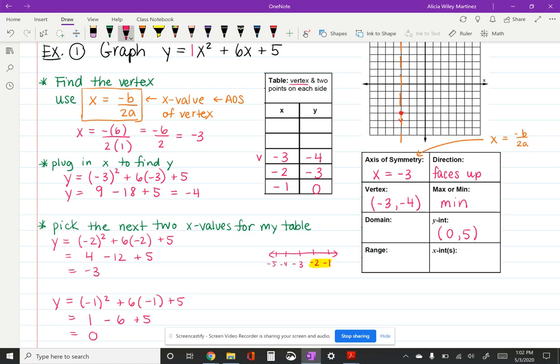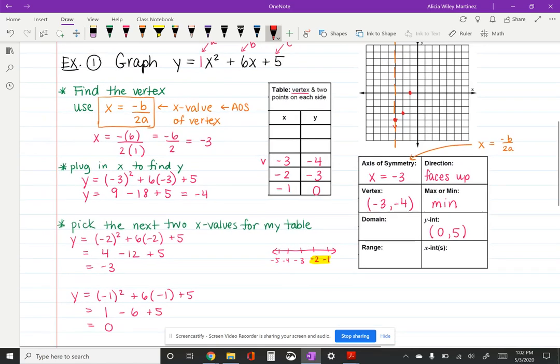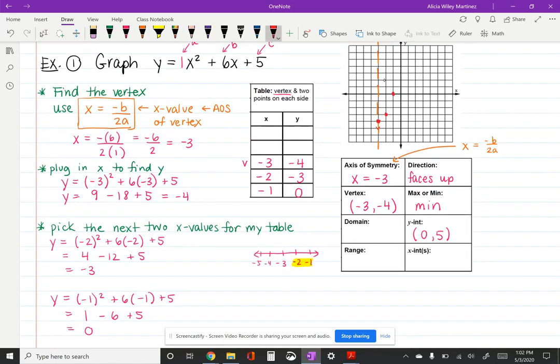There we go. So I'm going to go ahead and plot those on my graph. So I have a negative 2, 1, 2, 3, negative 3, and then I have negative 1, 0. Now, that is only half of our graph, and we want a full graph. So if you were to draw that, it would only be half of it.